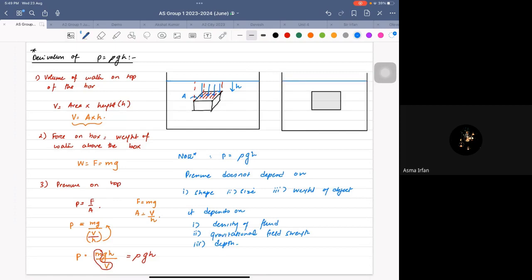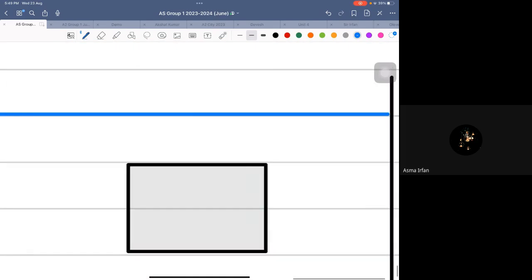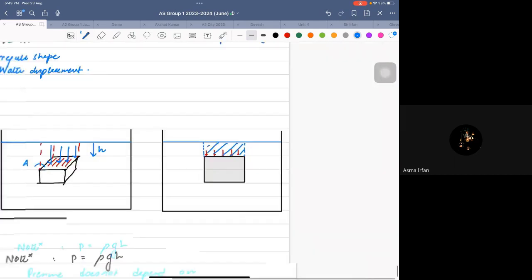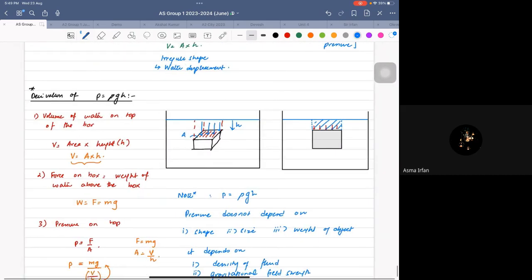What I'm saying is, obviously, the force that is acting on the top would depend on how much water is basically on top of it. Now, if you find where the force is coming from, the water is being pulled by Earth, so water's weight is going to push the box down.